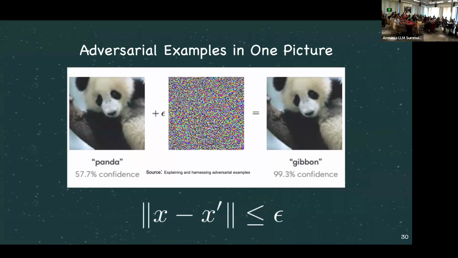Okay, so that's the original picture from the first paper in 2013. The idea is the same as with the pandas: the model is quite confident, and then it gets fooled. What's really important here is the difference between this image and that one is very small.